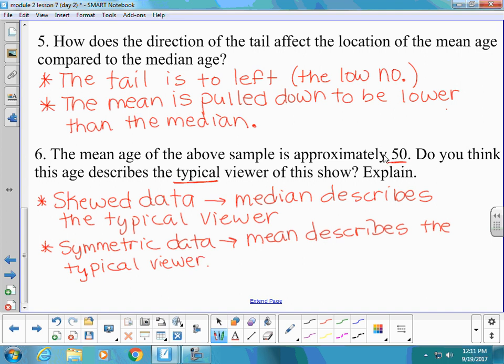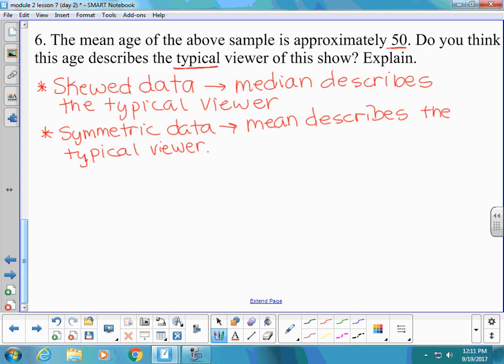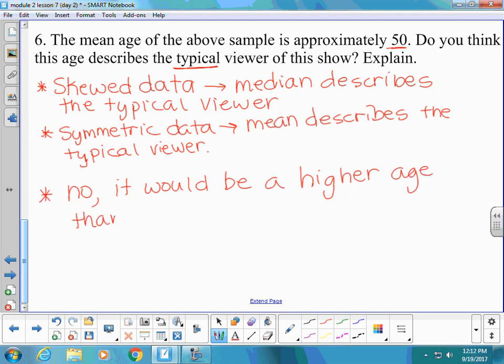So for this particular data, it says, do you think this age describes the typical viewer? I would say no, because this is skewed data, and they're telling us that the mean is 50, and the median would actually be higher than that. So the actual answer would be no. It would be a higher age than 50.